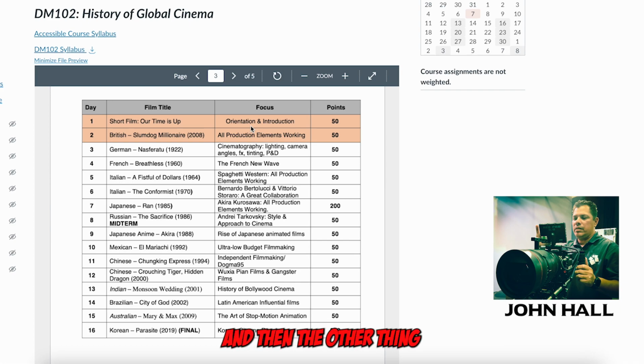Okay, and then the other thing is just to understand that each week is 50 points. So your quiz is worth 24 points, so you get 8 questions worth 3 points each, and then your discussion board is worth 26 points, giving you a grand total of 50 points in a typical week. In your discussion board, you usually have 2 prompts.